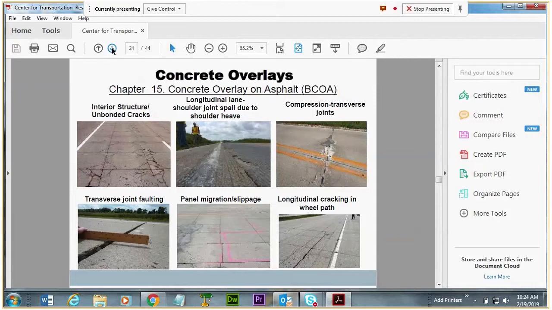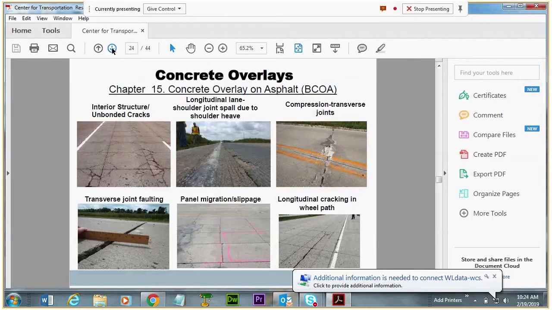I think this first upper left-hand photo, Matt, came from Julie Vandenbosch out of some of the testing that she had done. It shows the wheel line fractures that you get when you have an inadequate overlay, for a number of reasons, but one being thickness. The next slide over, to the right, is the longitudinal lane shoulder spalling.